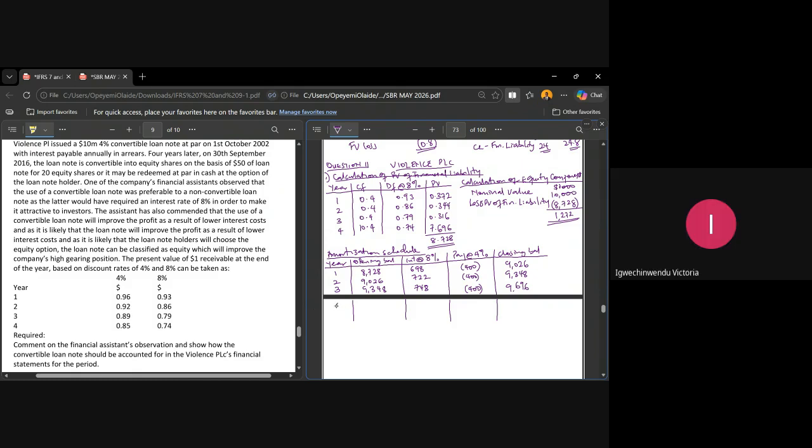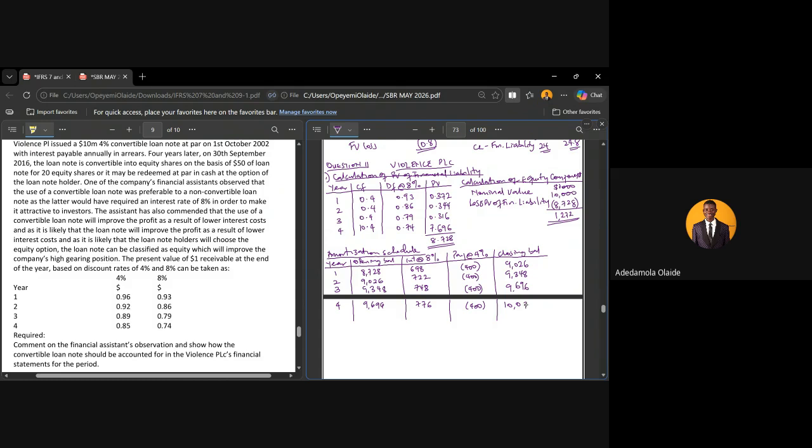Year 4 will have an opening balance of 9696. Interest will be what? The closing balance will be 10,072.